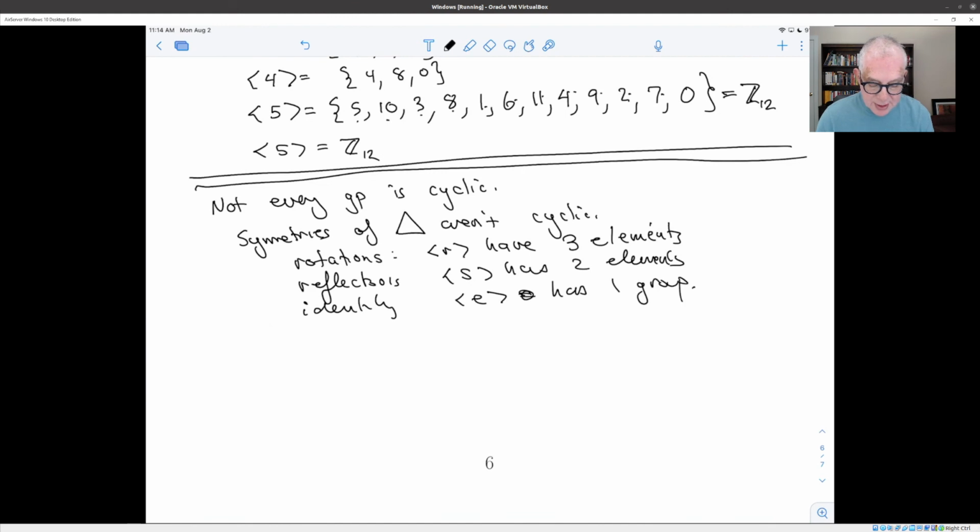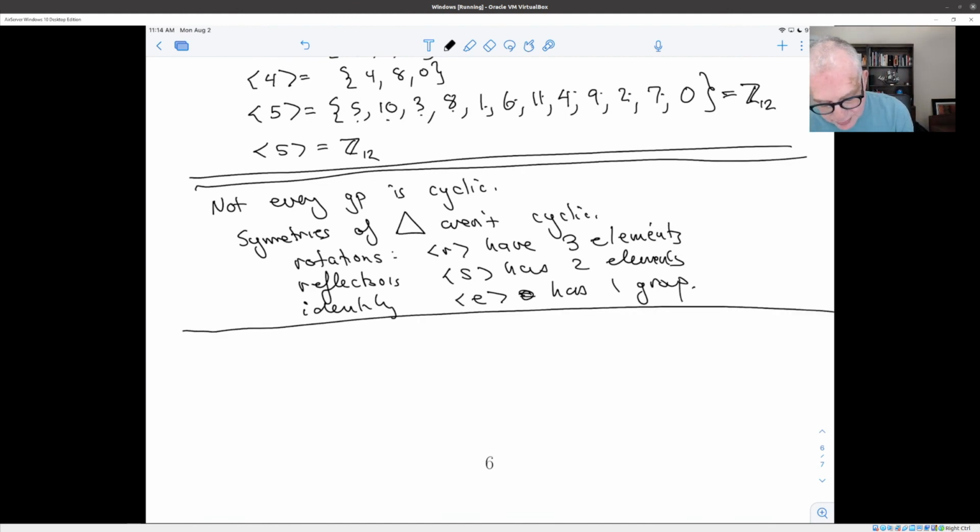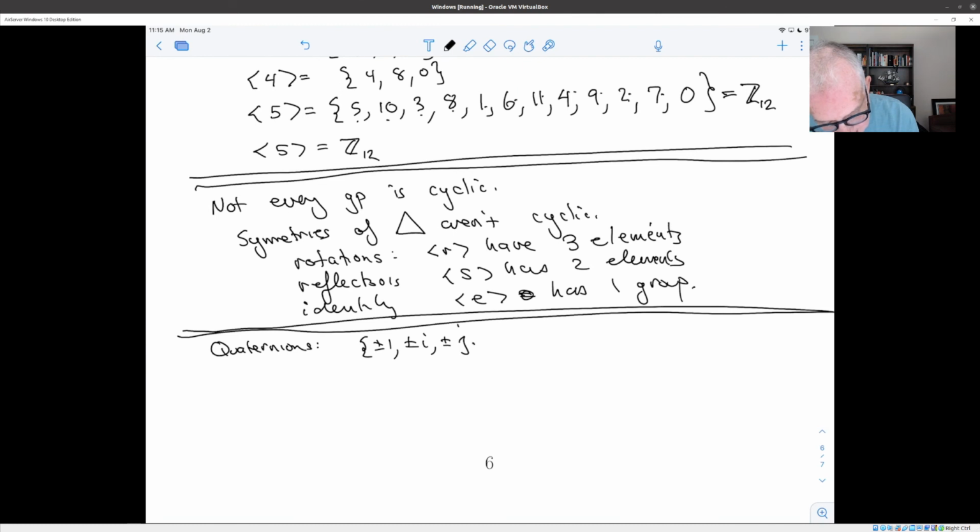Another example of a group which isn't cyclic is the Quaternion group. Let me just remind you what the Quaternion group is. It has 8 elements, plus or minus 1, plus or minus i, plus or minus j, plus or minus k.